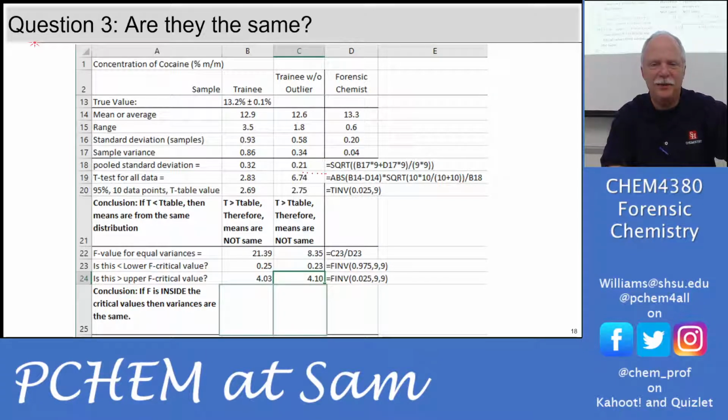So here's our ratio of variances. The trainee without the outlier divided by the forensic chemist is here, 8.35. The trainee with the outlier is 21.37. So these are our F experimental values.